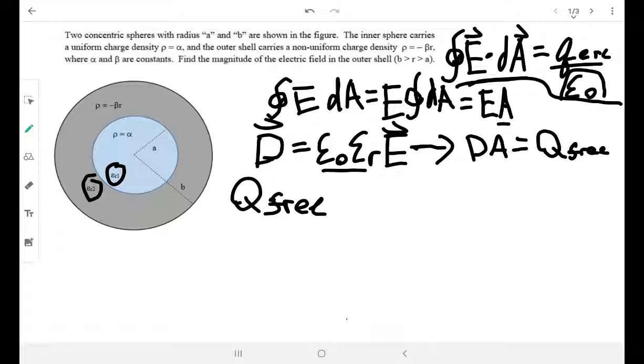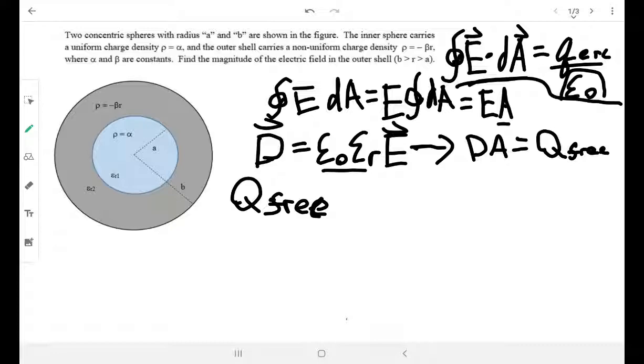But instead of mass, we're trying to find the charge. Luckily, we're given a charge density for this problem, and we can use that charge density and multiply it by the volume of this region that encompasses the radiuses from 0 to A. And if we do that, we can find what Q free is.